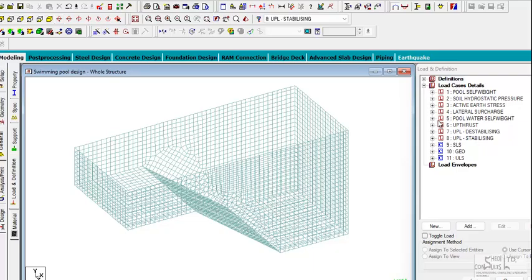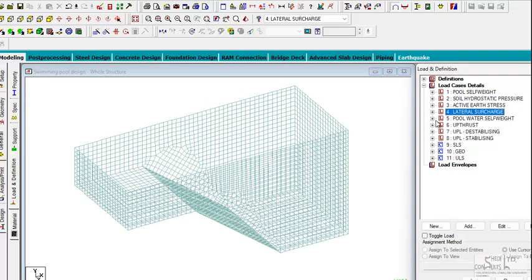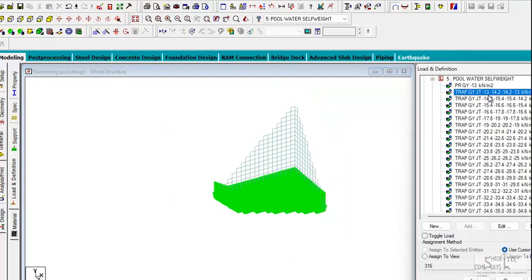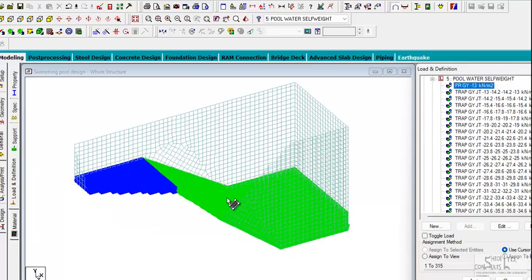Now, what was done? We then had to apply certain loads that were not taken into consideration previously. One has to do with the self-weight of the water inside the swimming pool.